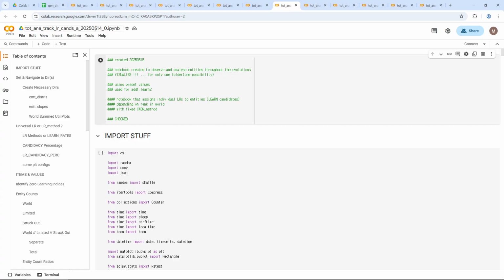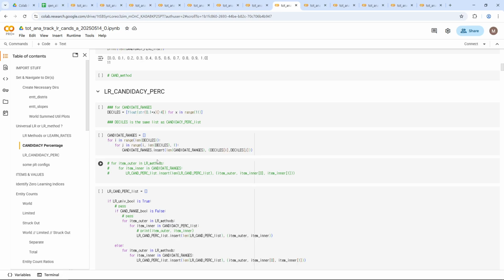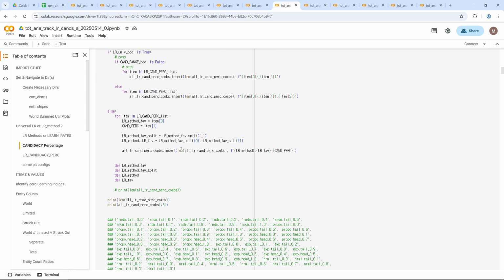So the first one, 0514 _0. So both, in this case, are using proportional. Both the learn rate method and the candidate methods are proportional tail. And then the learn rate method is going to go from proportional tail, and then proportional head, and then proportional whatever.